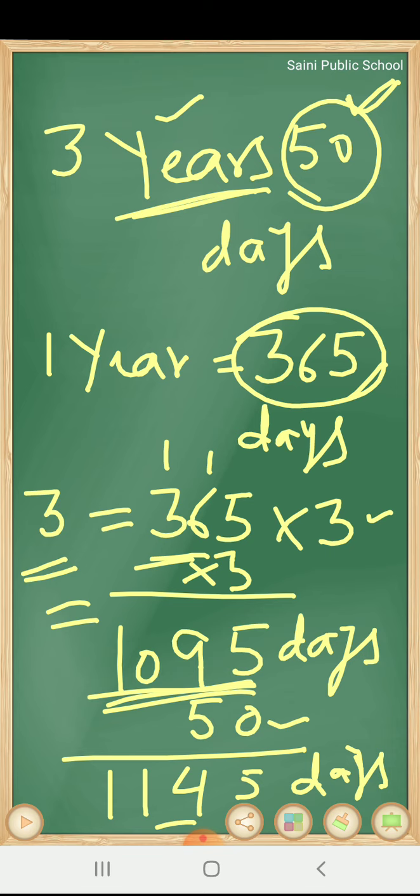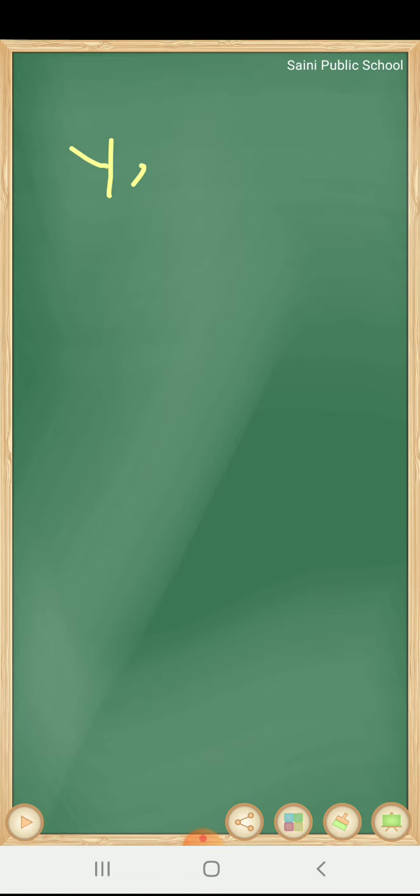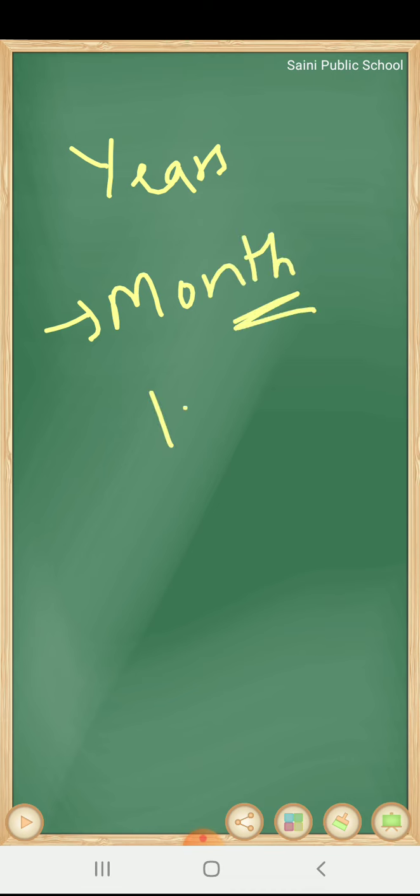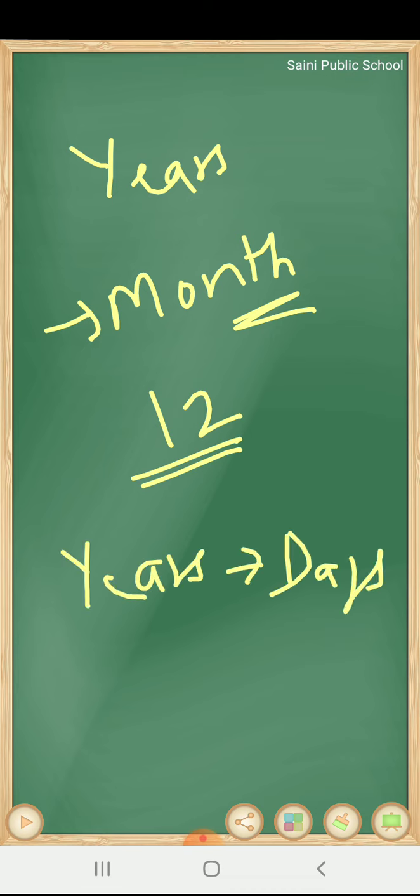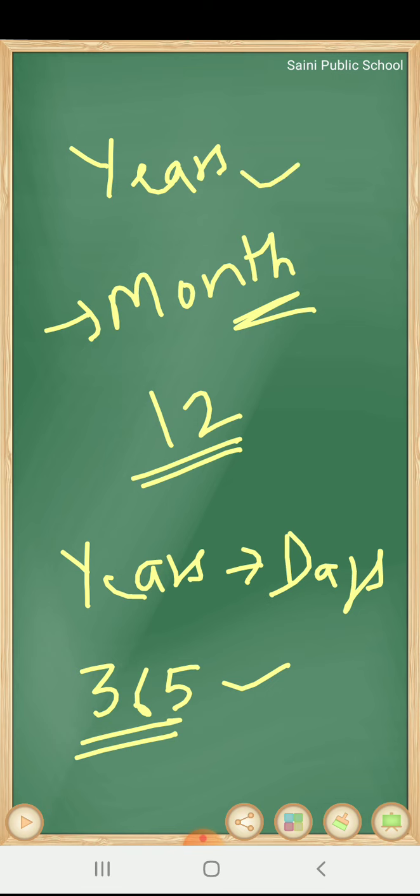In this way we can convert years into days or years into months. For conversion of years into months, we will multiply the number by 12, because in 1 year there are 12 months. And for conversion of years into days, we will multiply the number by 365, because in 1 year there are 365 days. And for conversion of bigger unit to smaller, we always use multiplication. This was all about conversion of years into months and years into days.